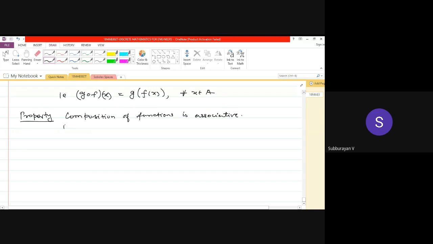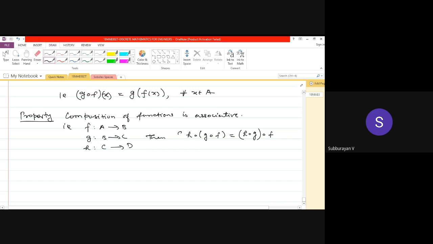That is, if f is a function from A to B, g is a function from B to C, and h is a function from C to D, then h composite g composite f is the same as h composite g, then composed with f.